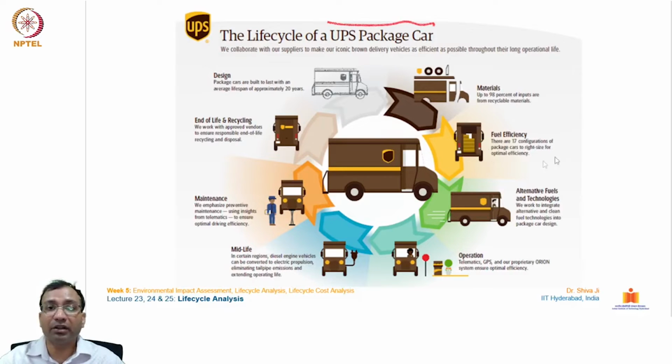Depending upon this, they have configured 17 configurations to fit the optimum engine capacity and chassis capacity. This is how the company has planned to bring efficiency into this automobile unit. Next, they also use alternative fuels and technologies, apart from depending on hydrocarbons.